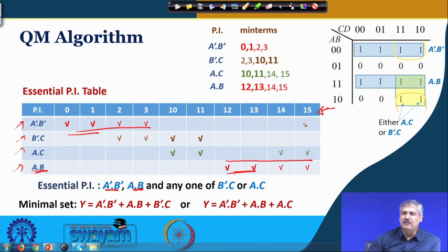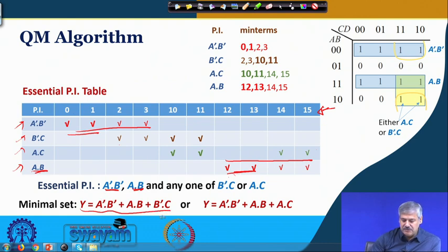To cover 10 and 11 we have got two terms with similar complexity, if we consider that the inputs are available in complemented and uncomplemented form. One is B prime C, another is AC. One is covering 10 11 as well as 2 3, another is covering 10 11 as well as 14 15. So, we can take either of them.